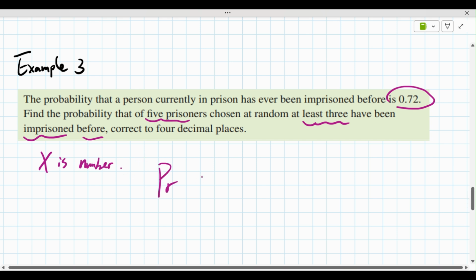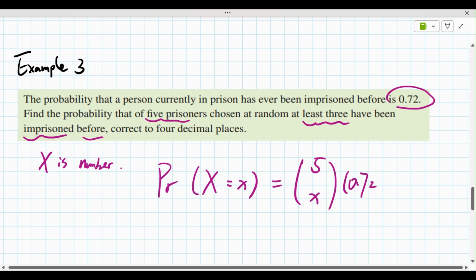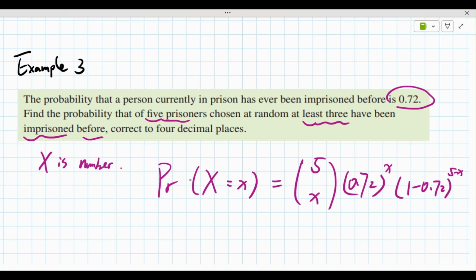So probability of x equal to a little x: 5 choose x, and 0.72 is our success, so 0.72 to the power of x, and then multiplied by 1 minus 0.72 to the power of 5 minus x.